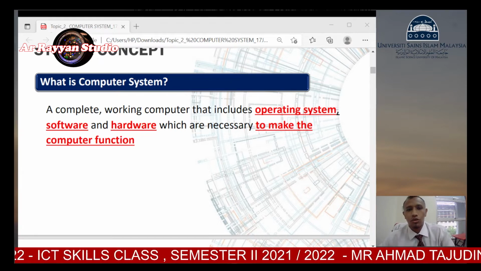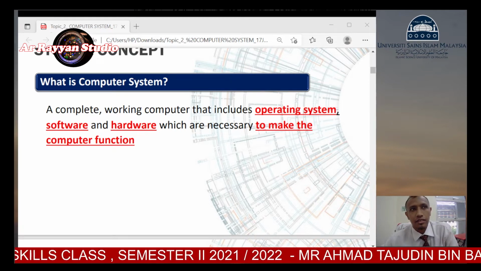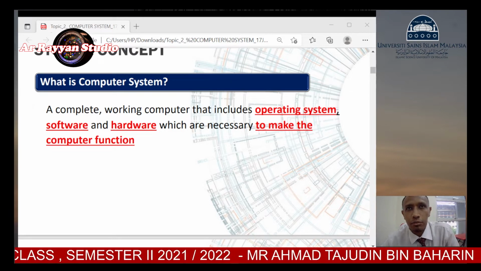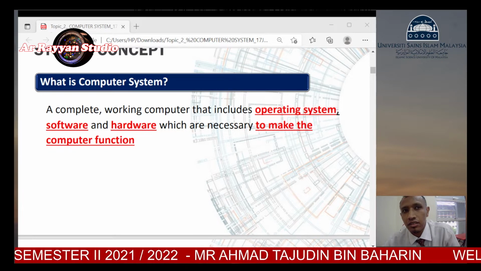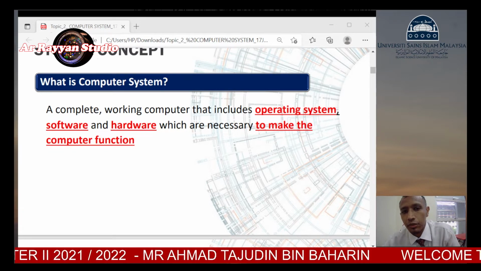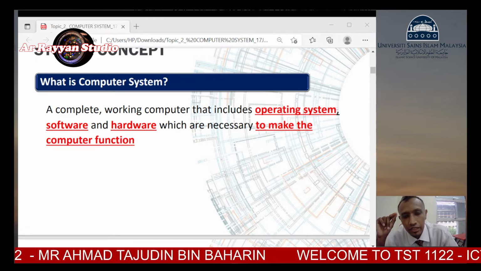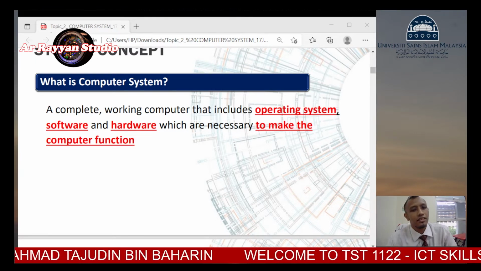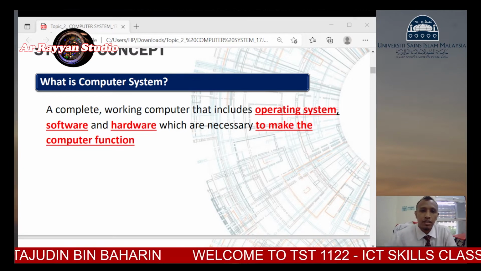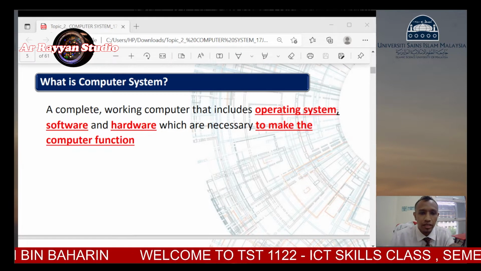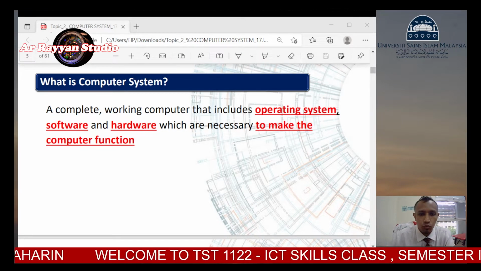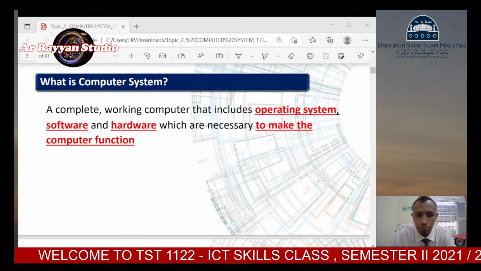Software ni adalah something yang kita boleh lihat tapi kita tak boleh touch. Okay, so hardware is something we can touch and feel and see. Right, that is hardware.